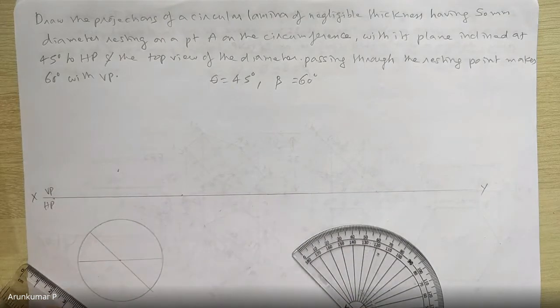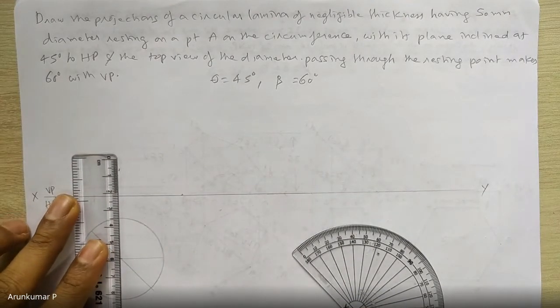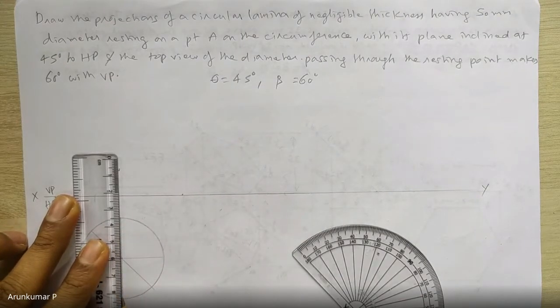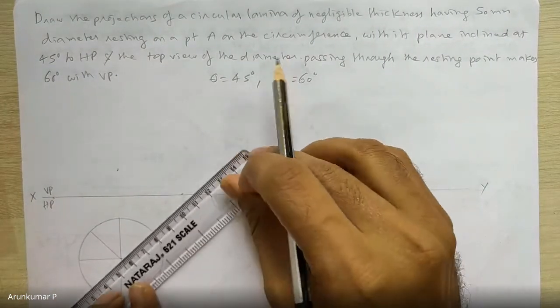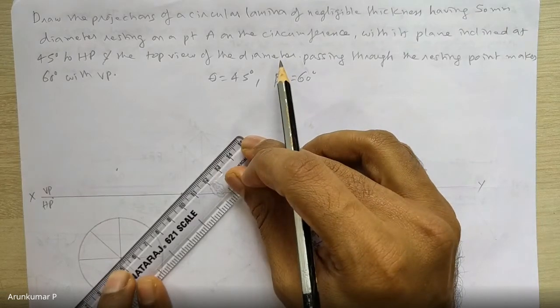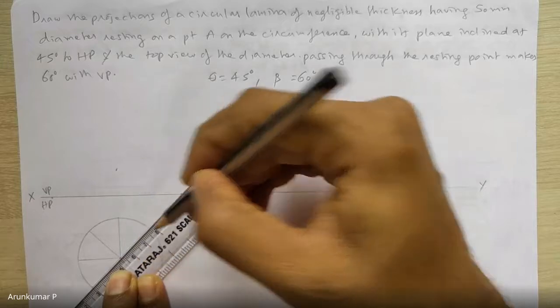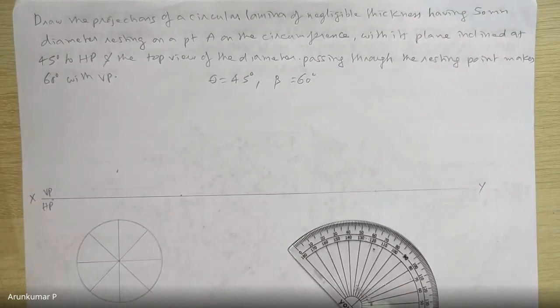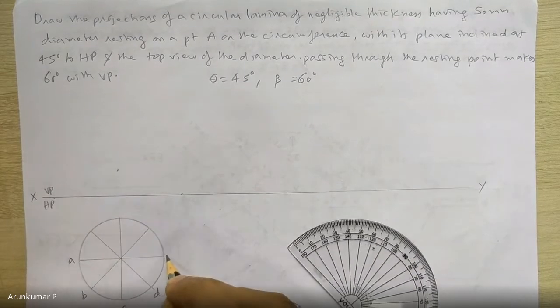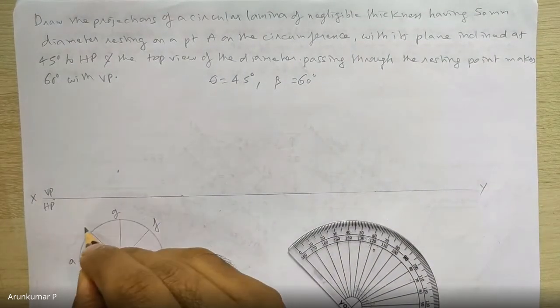I'll be joining the topmost 90 degrees point and the center like this. I'll be joining the line at 45 degrees and the center. So this is how I can divide the circle into 8 equal parts, with lines at 45 degrees. Now we can name them starting with A, B, C, D, E, F, G, and H.